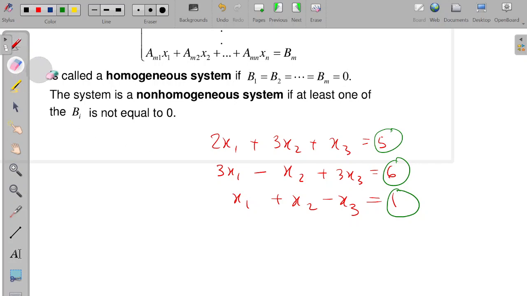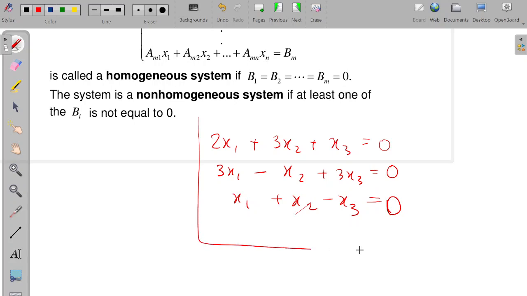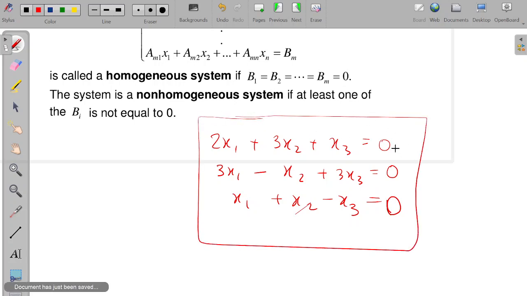So a system like this is a homogeneous system when the values of the constants at the right hand side are all 0. That is a homogeneous system.